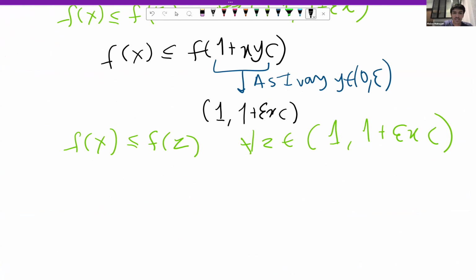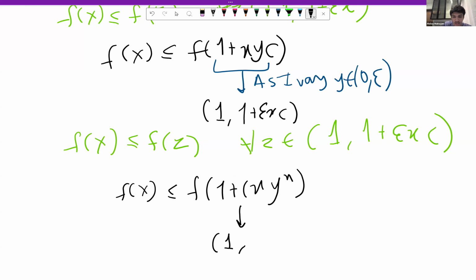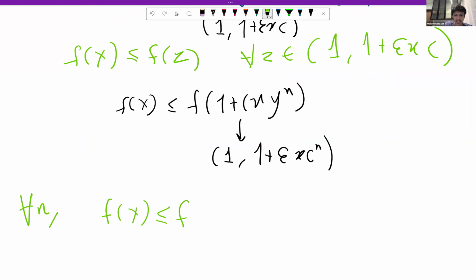Now I do it with c to the power n instead. This quantity varies over 1 comma 1 plus epsilon x c to the power n. So for all n, fx is less equal to fz, where z belongs to 1 comma 1 plus epsilon x c to the power n.